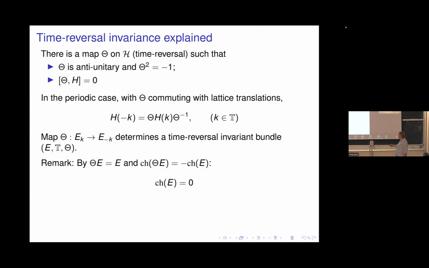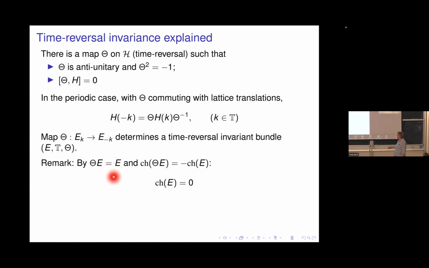So you still have a vector bundle as before, but with an additional structure: a map theta that maps the fiber over k to the fiber over -k. That's called the time reversal bundle. Now here's a remark. The fibers are swapped, but in total the bundle stays the same.